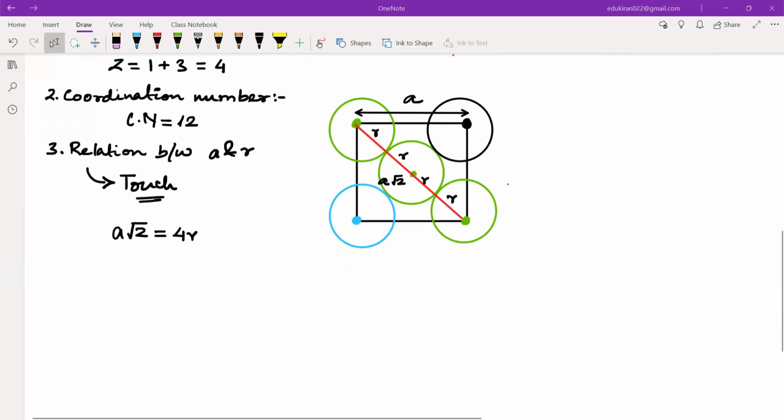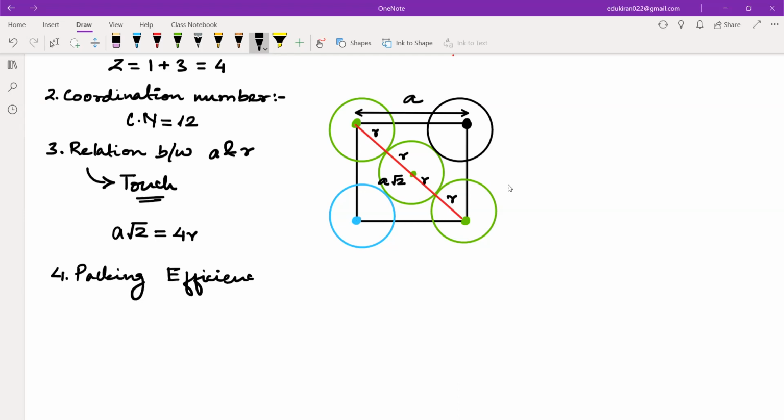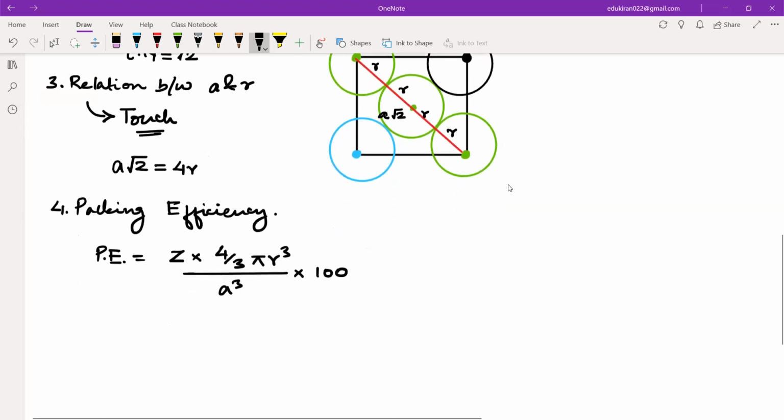Okay. So fourth point will be packing efficiency. In packing efficiency, Z into 4 by 3 pi r cube divided by a cube into 100. Then this will be equal to, how much is the Z?